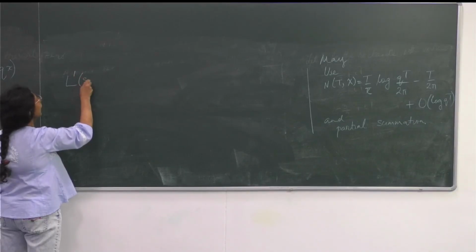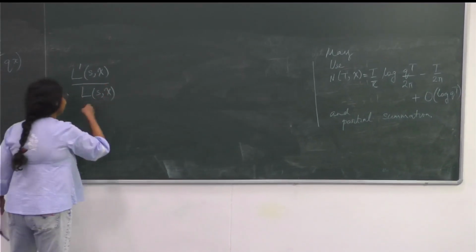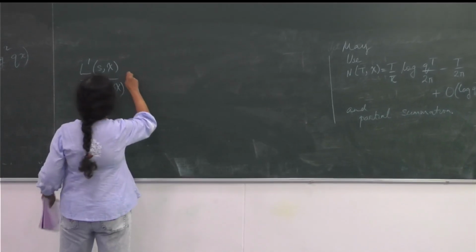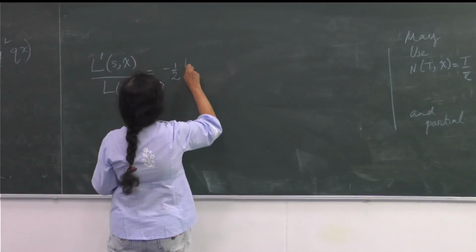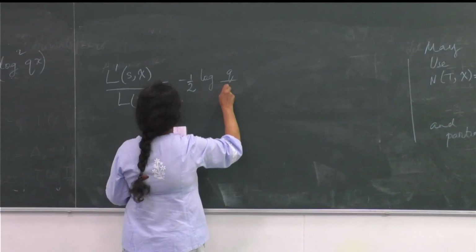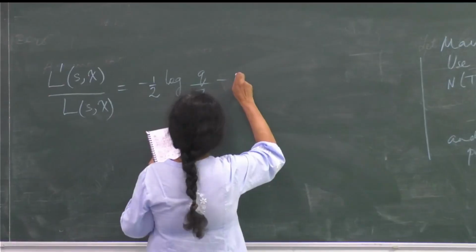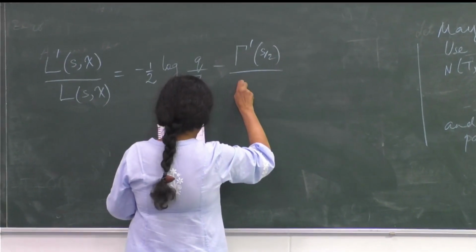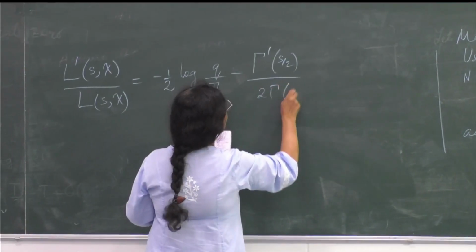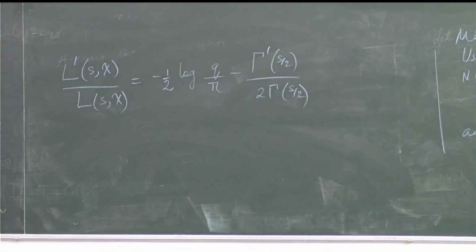L prime is chi, L is chi. We've seen this several times. This is minus half log q by pi minus the relationship between gamma and, okay, this also you can use.